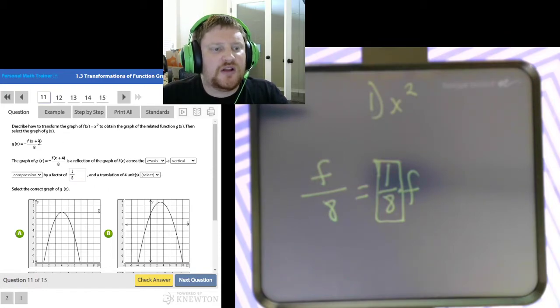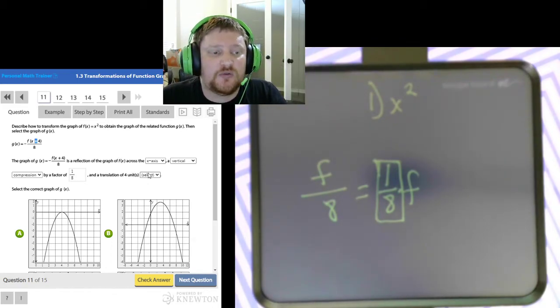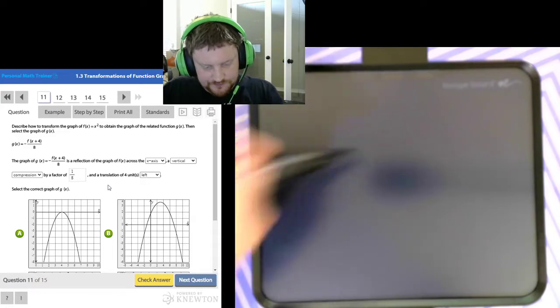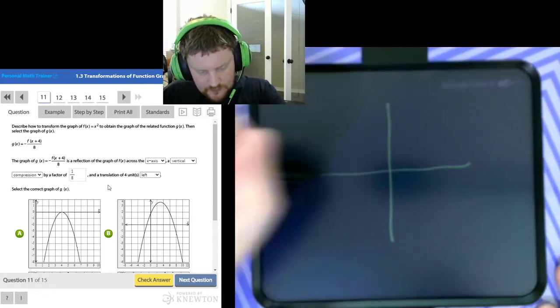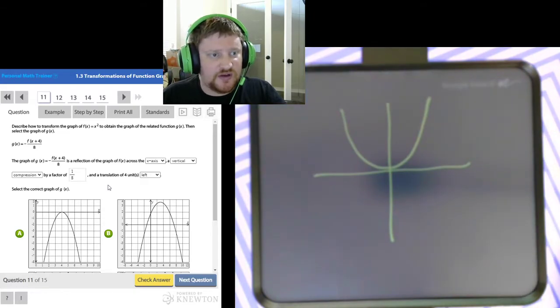And then we are translating 4 units. We have addition inside the parentheses, so it's opposite of what we think. So it's going to be a translation left. So we need to take x squared. We need to translate it.